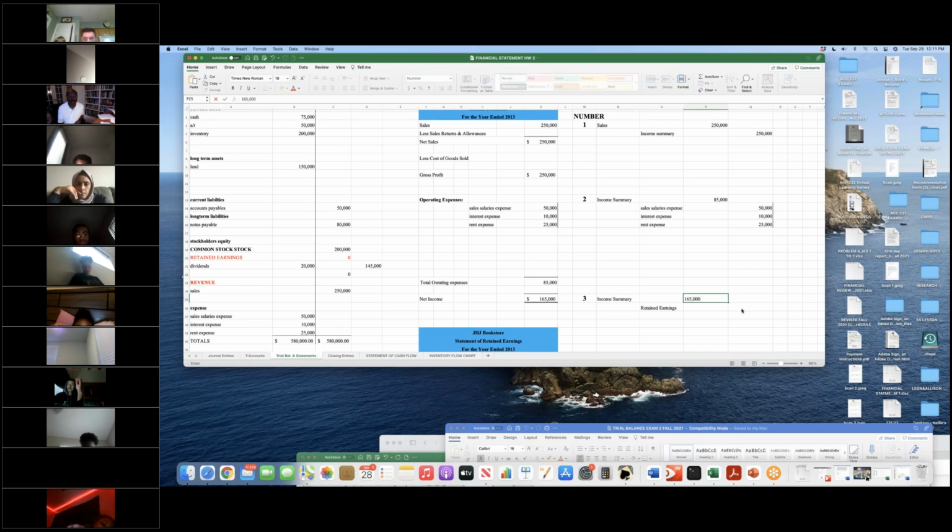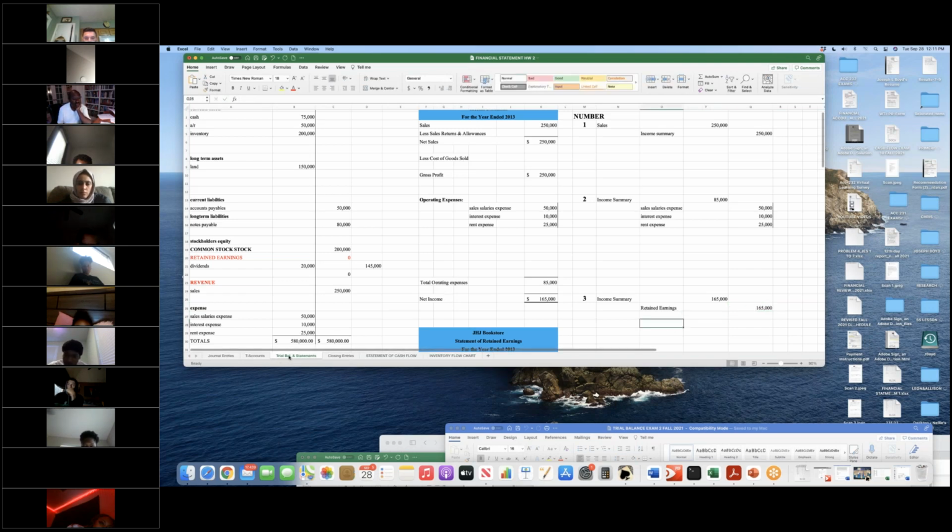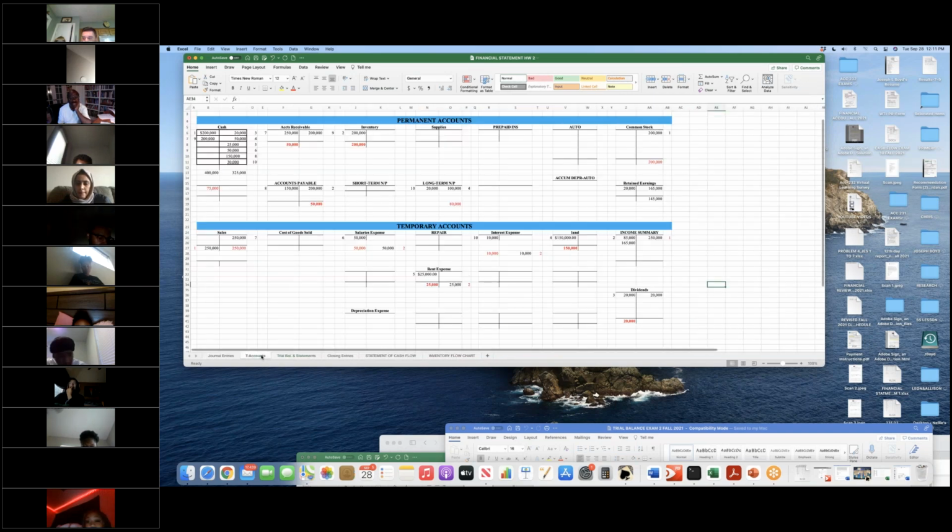Well, we're going to credit, and then 165 for retained earnings. So those are standard entries. And now let's go in here to the trial balance, to the T accounts, and post closing entry 3. So this is closing entry 3.